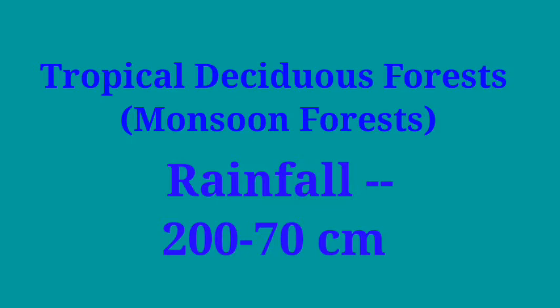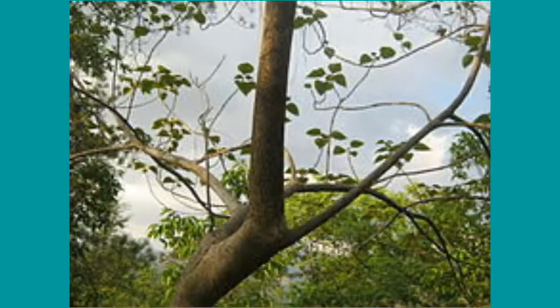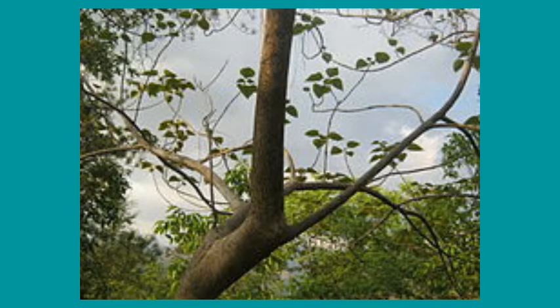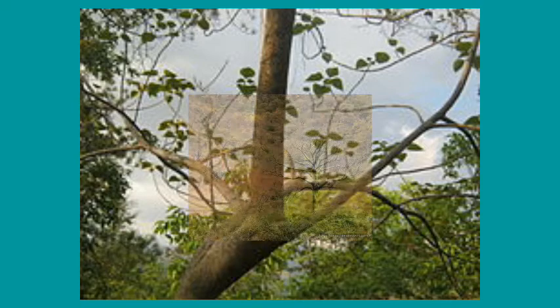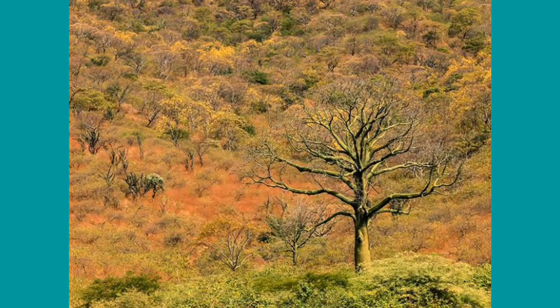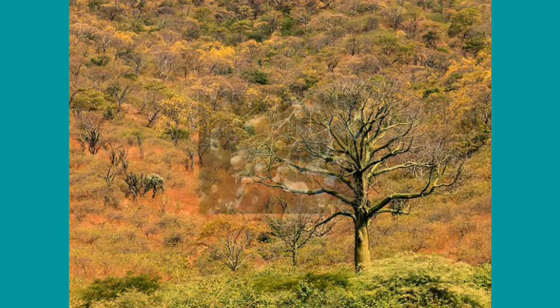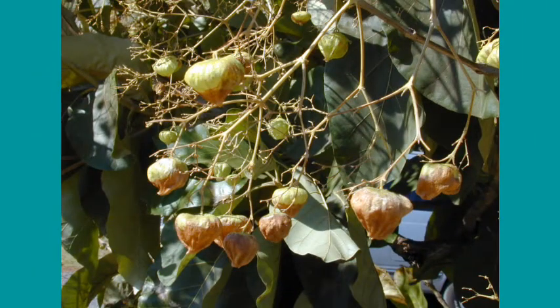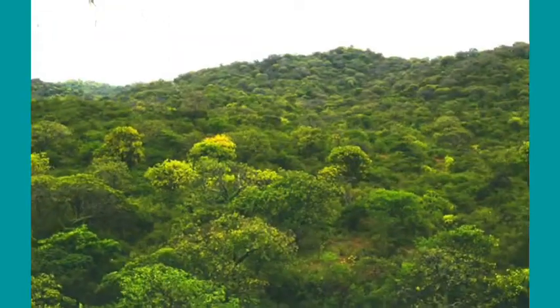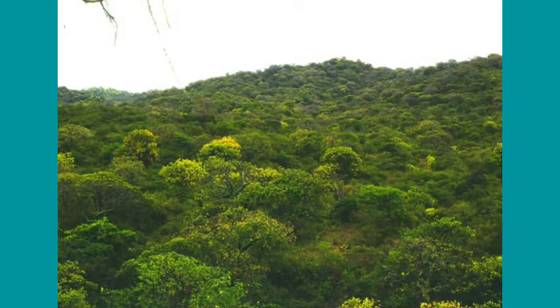Trees of this forest type shed their leaves for about 6 to 8 weeks in dry summer. The main trees found in this forest are teak, sal, peepal, neem, etc.